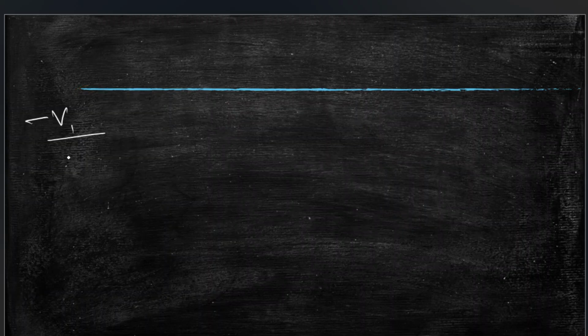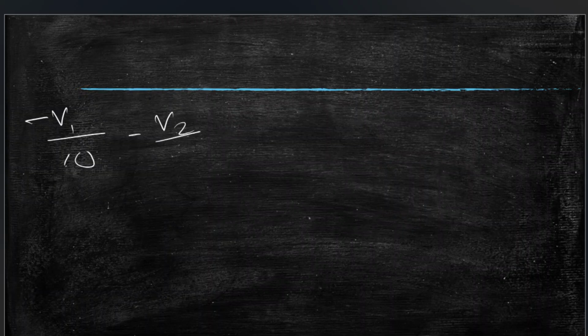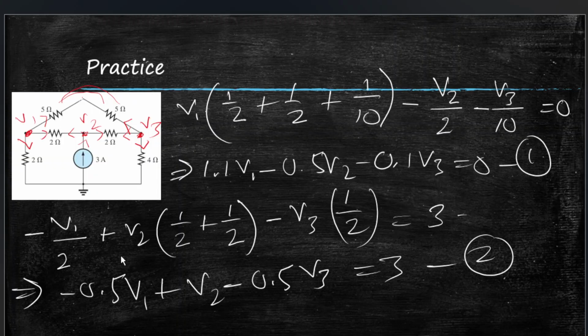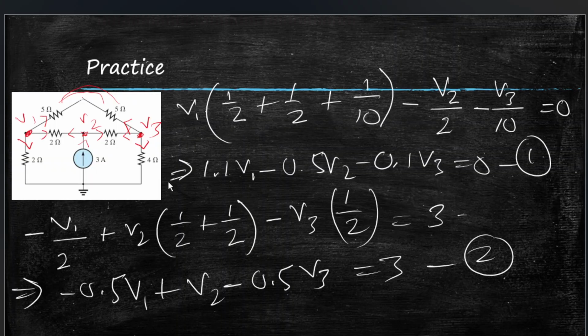Then minus V2 over 2, that's the only one between V2 and V3. Then plus V3 times (1 over 2 plus 1 over 4 plus 1 over 10).